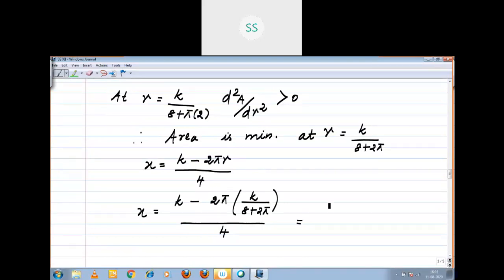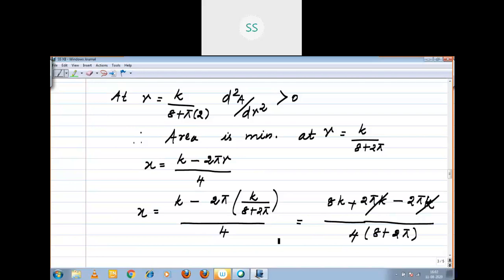In the numerator, 8k plus 2 pi k minus 2 pi k divided by 4 into 8 plus 2 pi. Now you see the numerator 2 pi k, 2 pi k cancel.